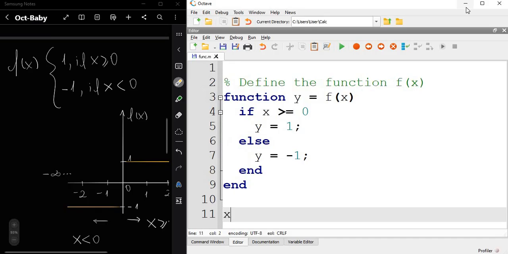Now we build our x-axis with the ranges.